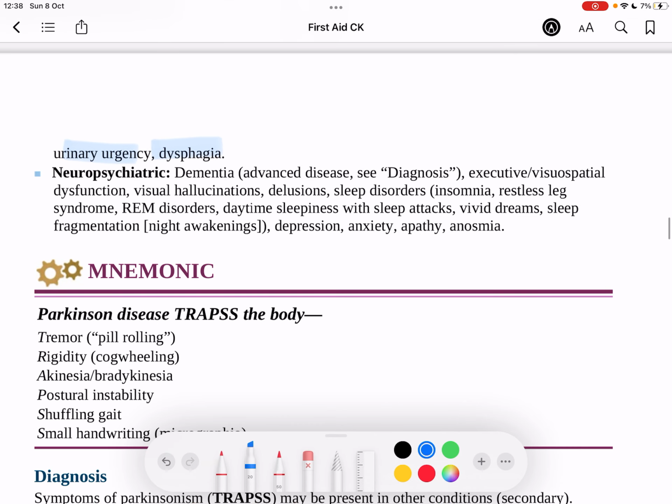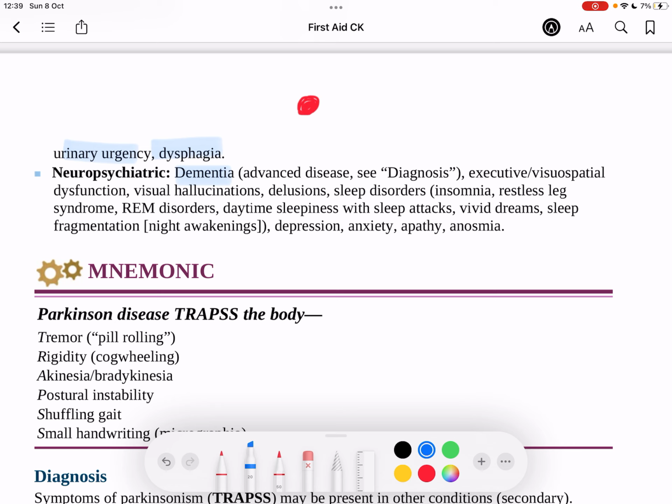And then finally, the neuropsychiatric problems, dementia, okay? We do have dementia in advanced disease. The alpha-synuclein deposits within the basal ganglia cause the movement symptoms. If you get them in the cerebrum, that's what causes the dementia, okay?